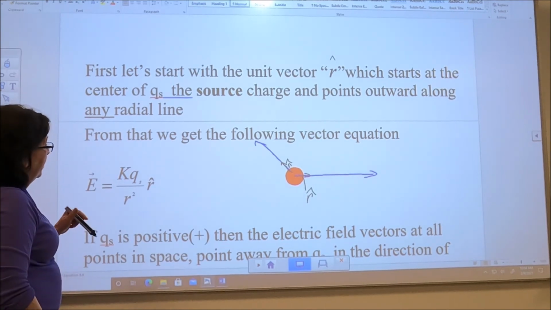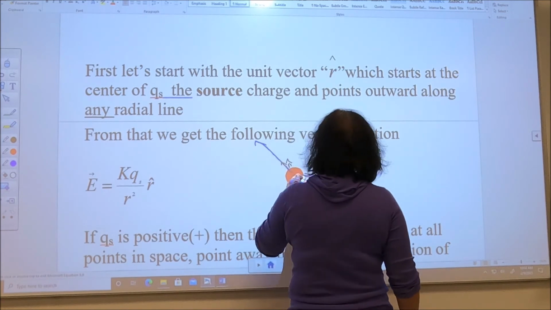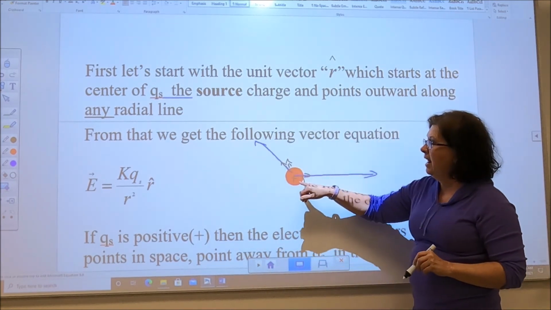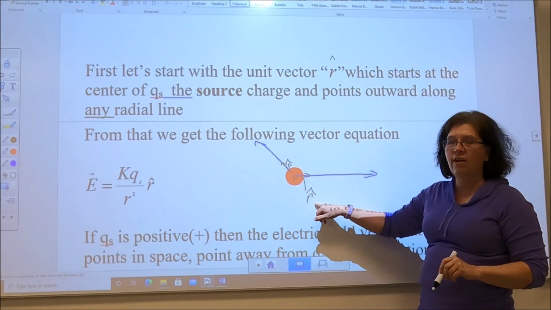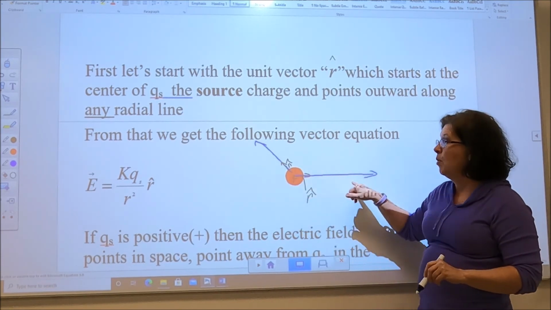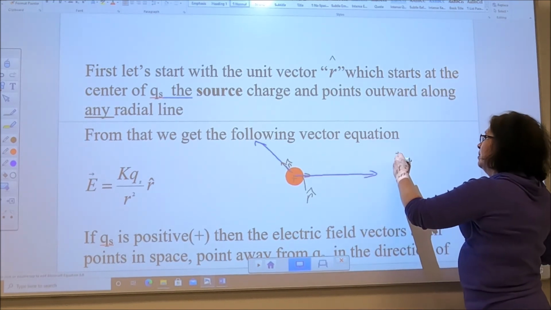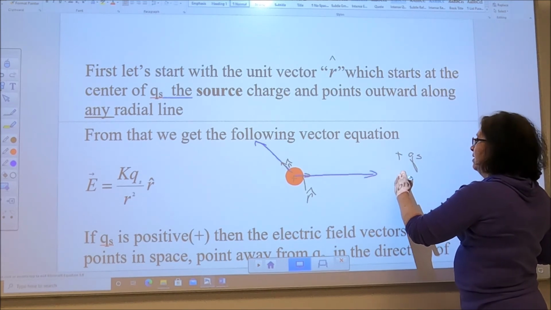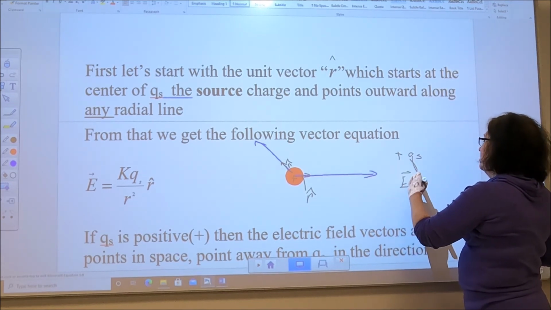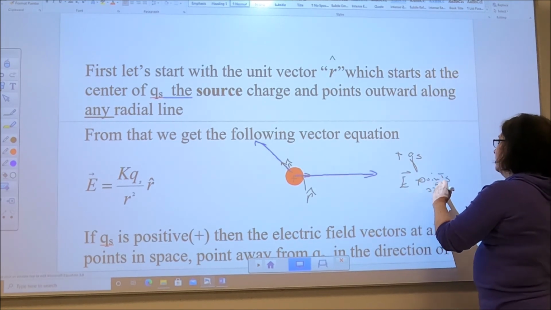So notice, if QS is positive, so if this was a positive charge, then the electric field vector is going to point in the direction of the R hat vector. It's going to point outward. So for positive QS, E points outward.